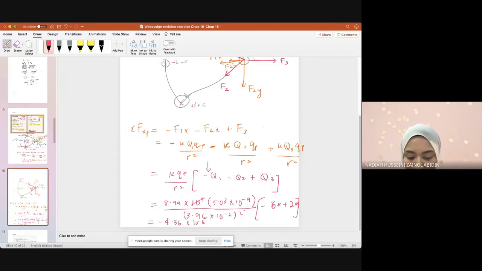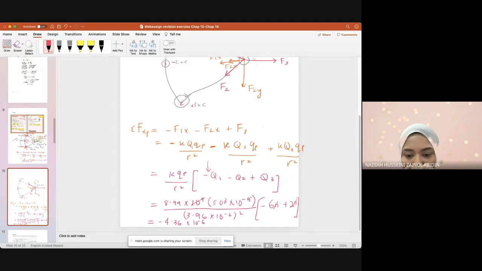Divided by 3.96 times 10 to the minus 2. So I got, takutnya. Okay, so this is 6 plus 2. 6 nanocoulomb, 2. Coulomb pula, nano. And I cancelled out this nano with this guy.